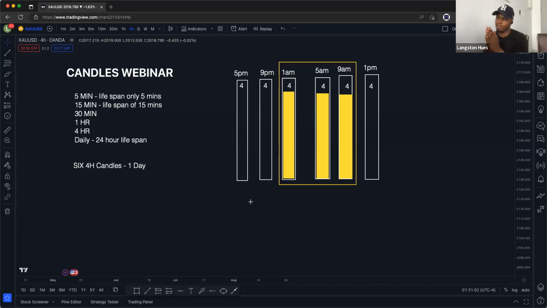within this window of 1 a.m. to 9 a.m., which includes London. It's actually pre-London, London open in session, pre-New York, New York open in session.